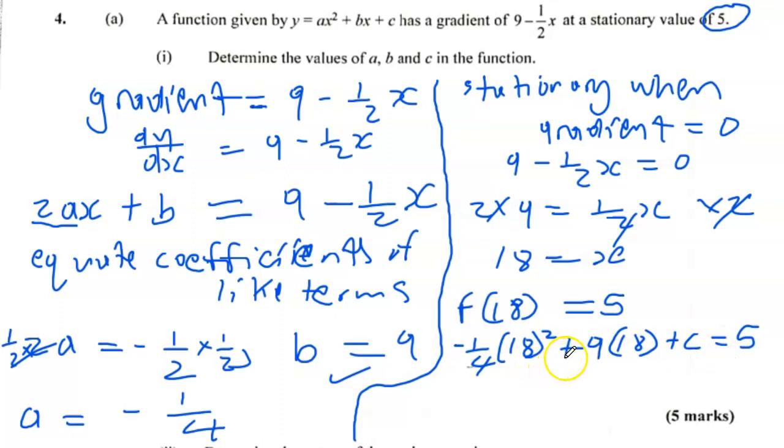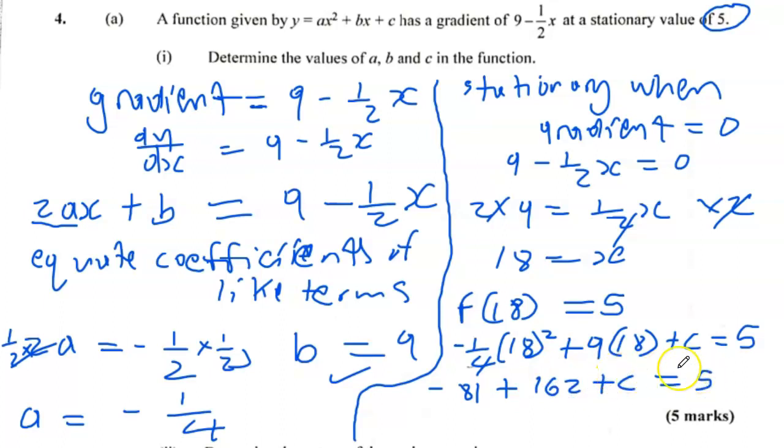Let's do the calculation now. 18 squared is 18 times 18, that's 324. Divide by 4, that's negative 81. Plus 9 times 18, that's 162. Plus c is equal to 5.